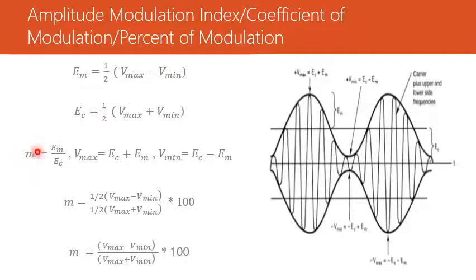The same modulation index or coefficient of modulation can be found with the help of V max and V minimum, where V max represents the maximum peak voltage of this AM waveform, and V minimum represents the minimum peak voltage of the AM envelope. So from this waveform also it is possible to find the value of M.